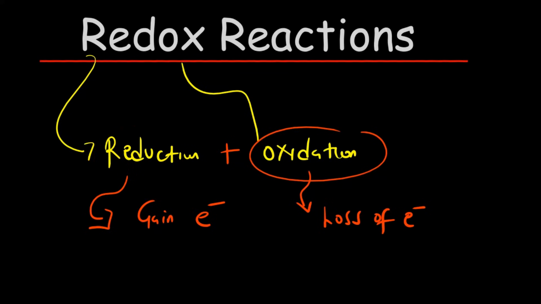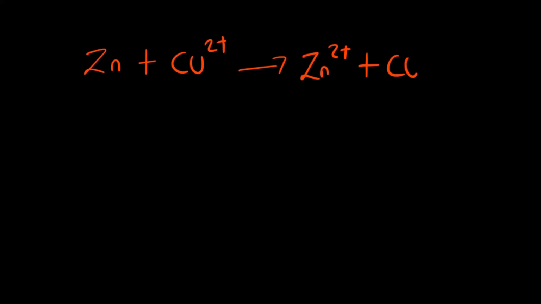A good example that I can give here is, let's say I've got zinc reacting with copper 2+. Then it gives us zinc 2+ plus copper. Now in this case we're supposed to identify which one is being oxidized and which one is being reduced. Let's look at zinc. This zinc, you're able to see that after the reaction it is now zinc 2+.